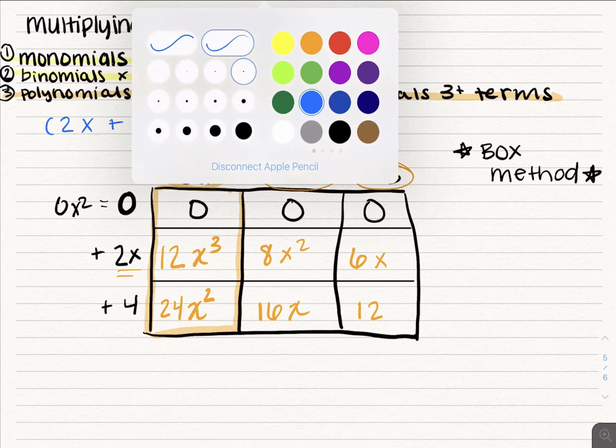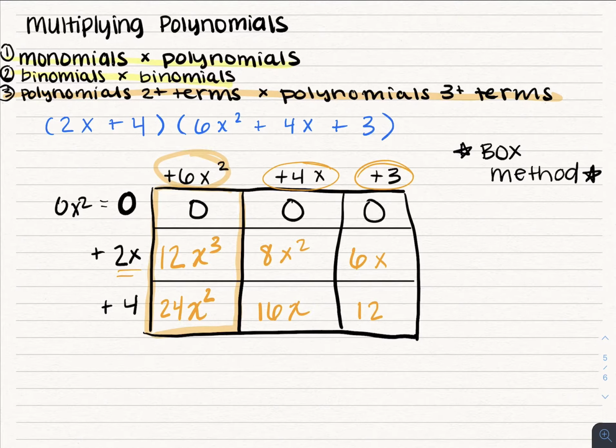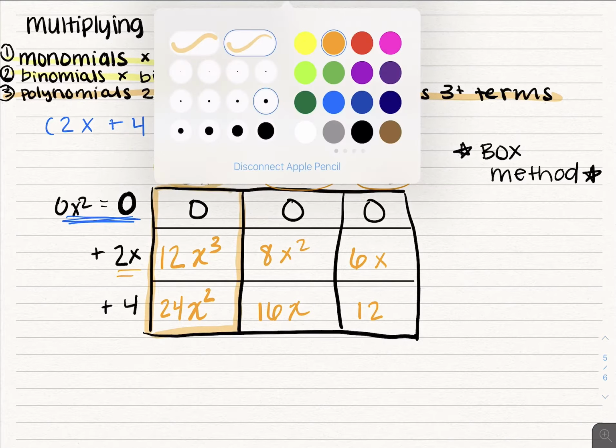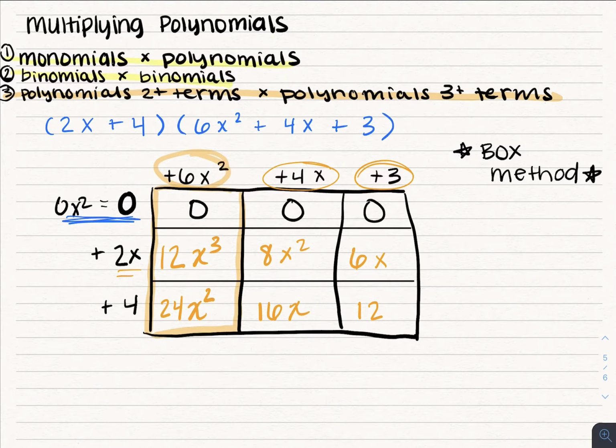So earlier I mentioned that I like putting this placeholder because there's something that's going to show up that if you have the same terms on the top of the box and the side of the box, this pattern will show up every single time. And what that pattern is, if you look at the diagonal, you can see we have like terms. So it already grouped our like terms with us, and now all we have to do is combine them.